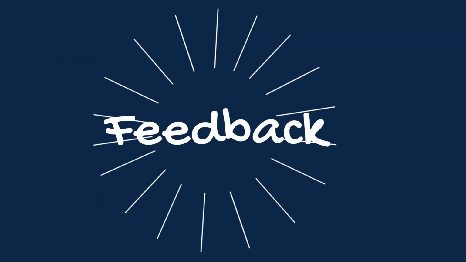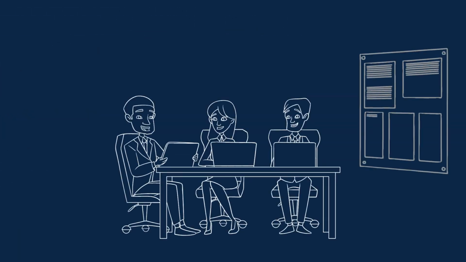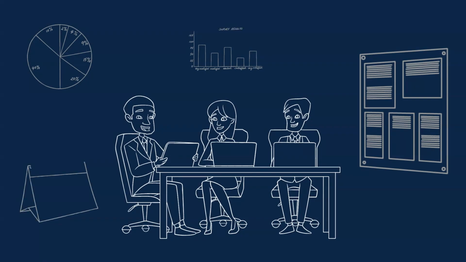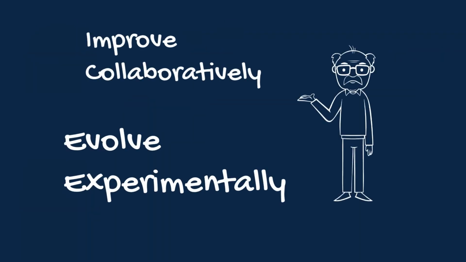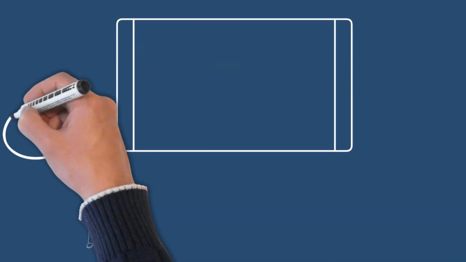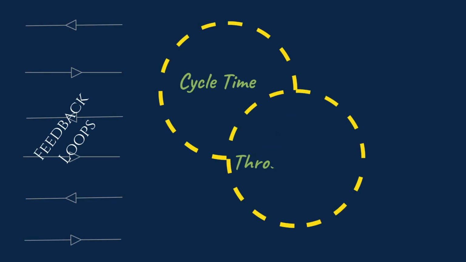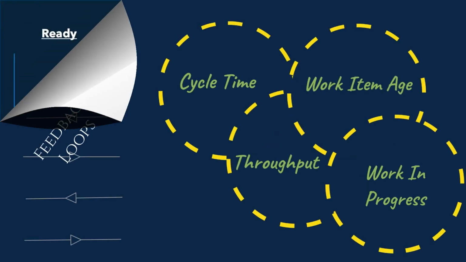Feedback loops provide the data that can be used to continuously improve. They strengthen the team's ability to learn and evolve. Examples of feedback loops in a Kanban system include the board, metrics, and regular cadence meetings. In Kanban, you start with what you know and agree to pursue improvement through evolutionary change. Feedback and metrics are key to guiding the team through this change.